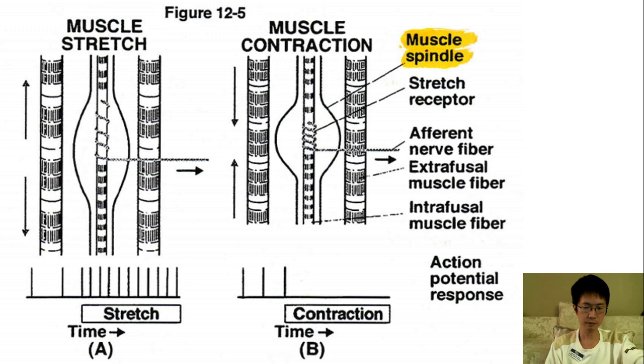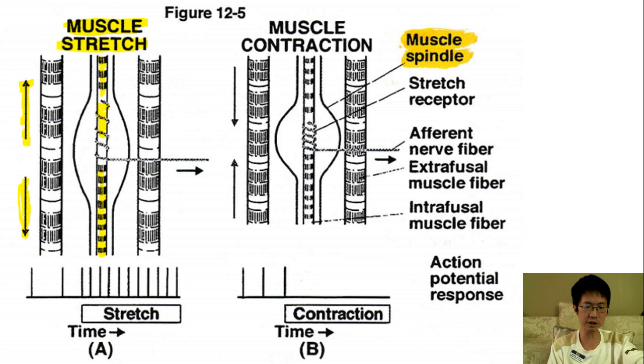Case one, when the extrafusal muscle fiber stretches, your muscle spindle also stretches. In the center here, this also stretches. When the intrafusal muscle fiber stretches, what will happen? It will stretch the stretch receptor.